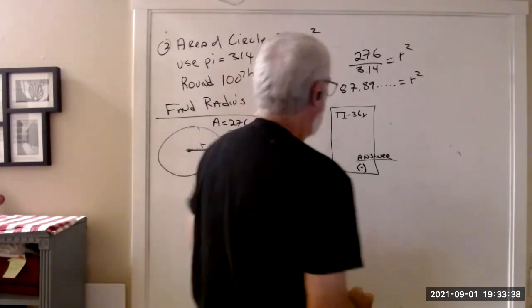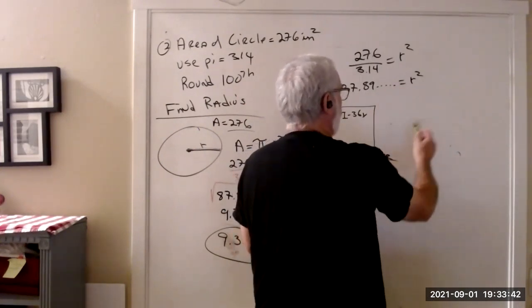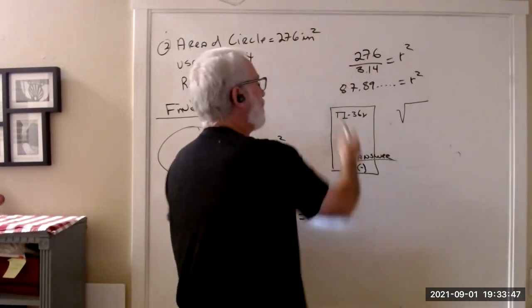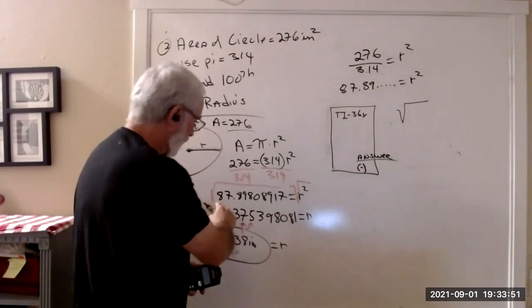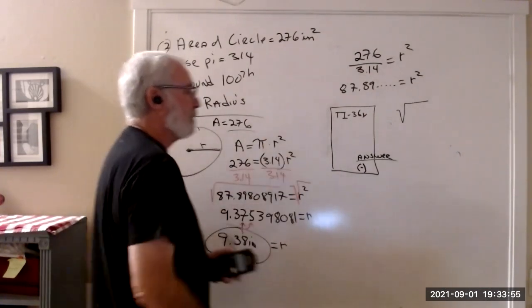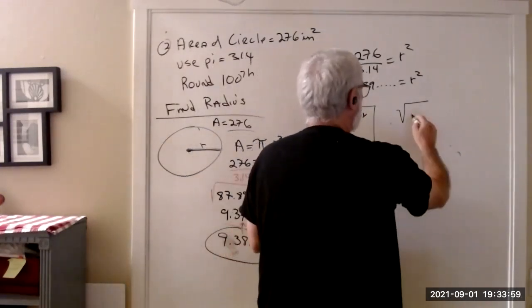So if you said, okay, now I want to take the square root of this. Yesterday we talked about how to get the square root. And instead of typing in all of that ugly decimal, 87.898089117, blah, blah, blah, you could hit the answer key.